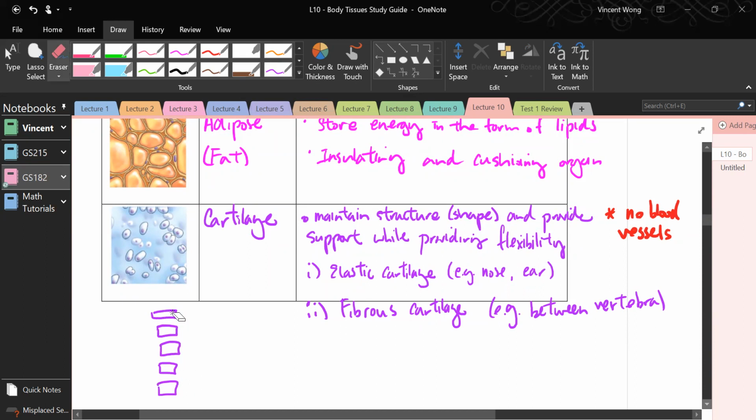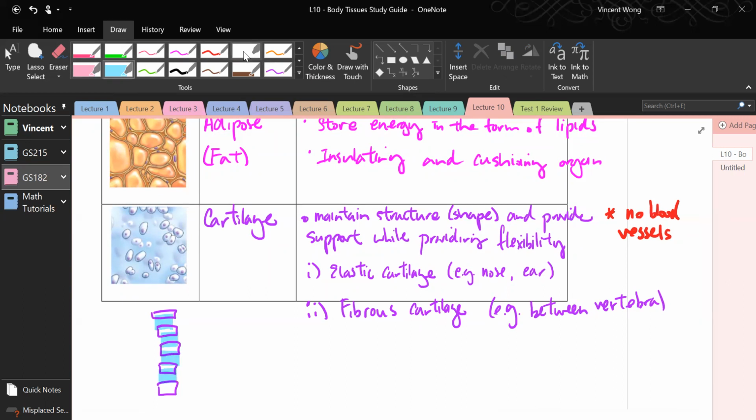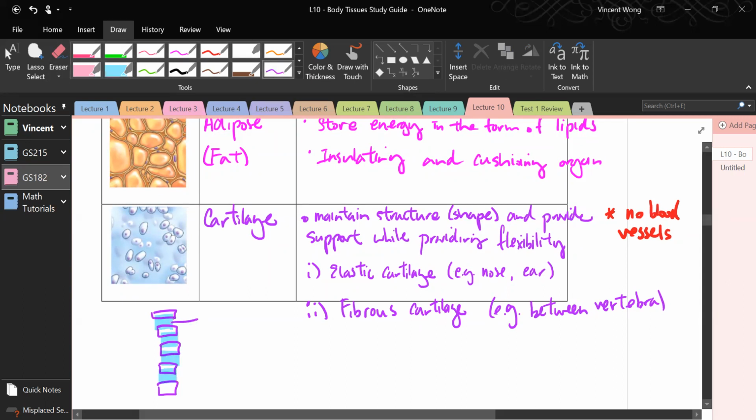Little bones that are stacked on top of each other. Each one of them is called a vertebra, and the whole thing makes up your vertebral column. And in between your vertebrae, you will find a cartilage disc. This is the fibrous cartilage.